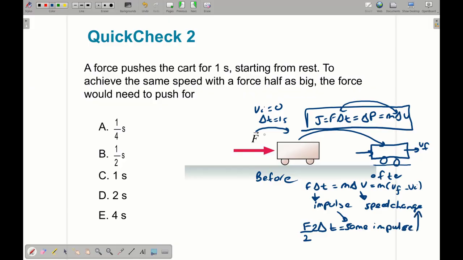What should be the time, or how long should I push the cart? I should push it for 2 seconds if delta T was 1 second. You can work out the math as well, but it's a simple idea: impulse causes the change in momentum, the change in speed. If I want to apply the same impulse with half the force, since impulse is defined as force times time, I should apply it twice as long.